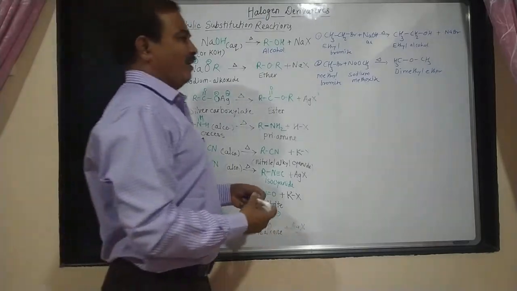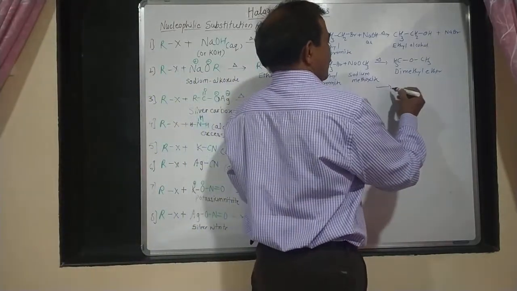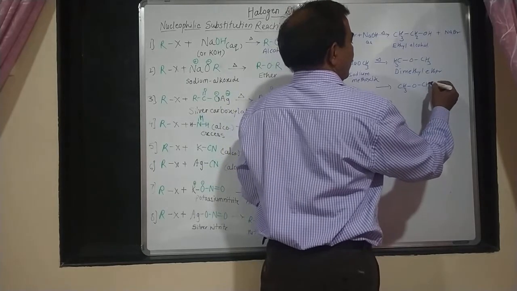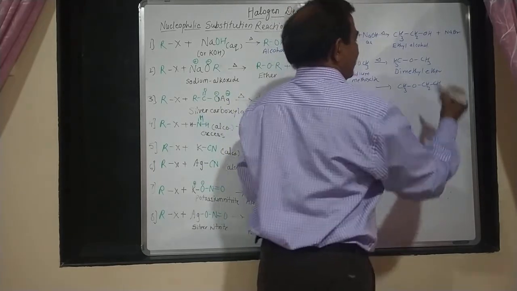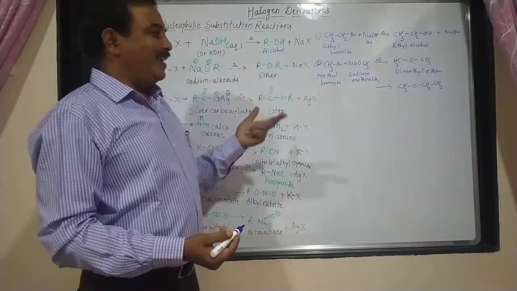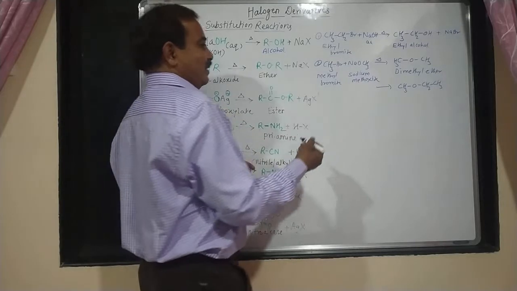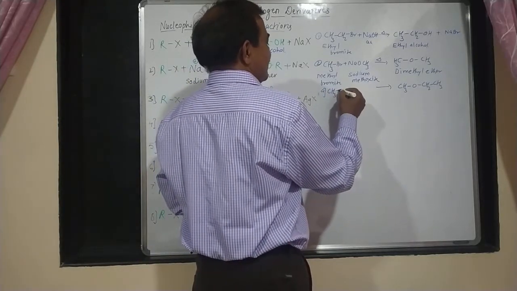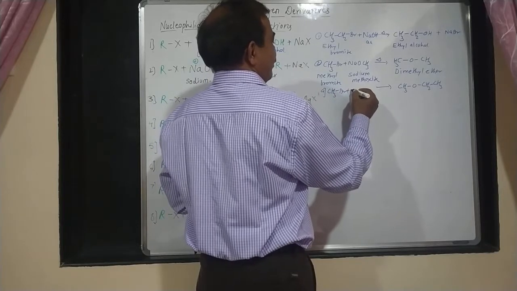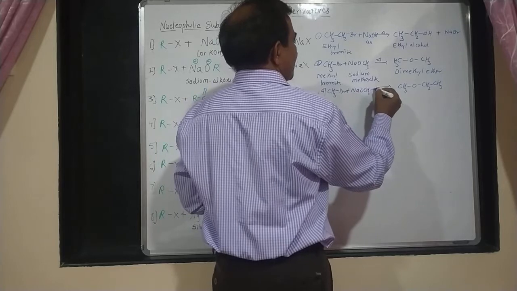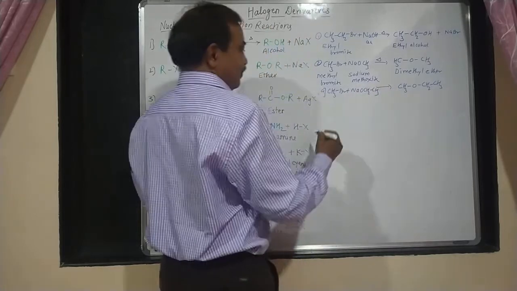Now I will take a different example. Suppose I want to prepare CH3OCH2CH3. Now there will be a question in front of you. There are two options, so let us try to understand. The first option is CH3Br plus NaOCH2CH3.